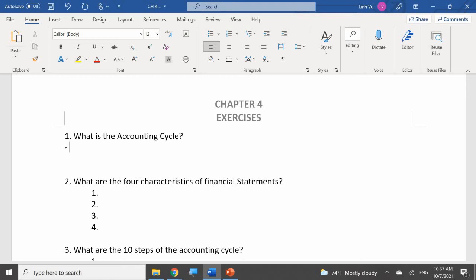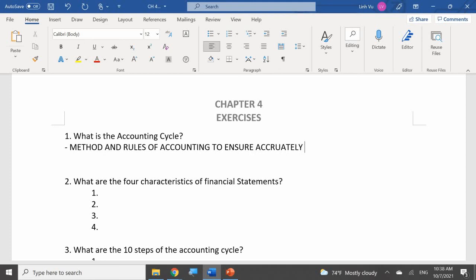It is a methodological set of rules to ensure accuracy and conformity of financial statements. Good. I'm just going to type in here: method and rules of accounting to ensure accuracy.